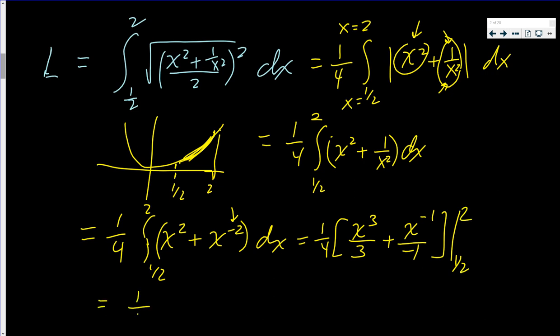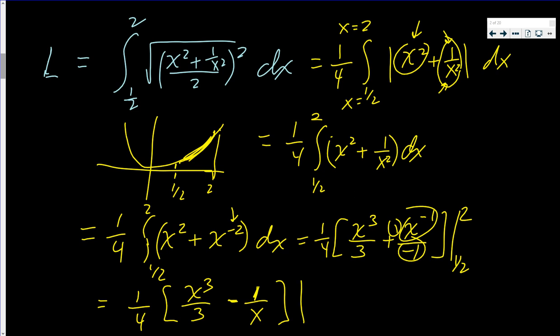This is 1/4 x cubed over 3. Now this is going to become minus 1 over x. A 1 over a -1 gives me the -1, and the x to the -1 that should be in the numerator, I put it in the denominator, made the exponent +1, from 1/2 to 2.